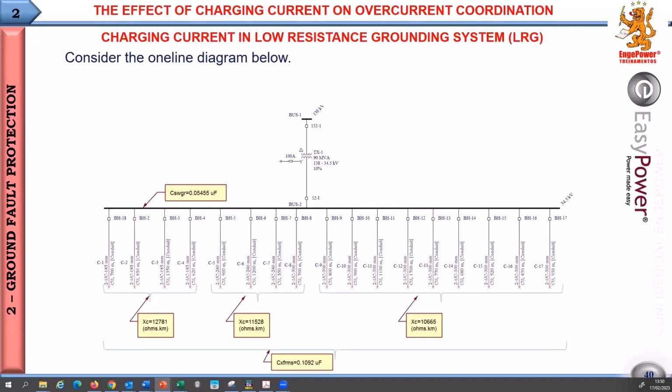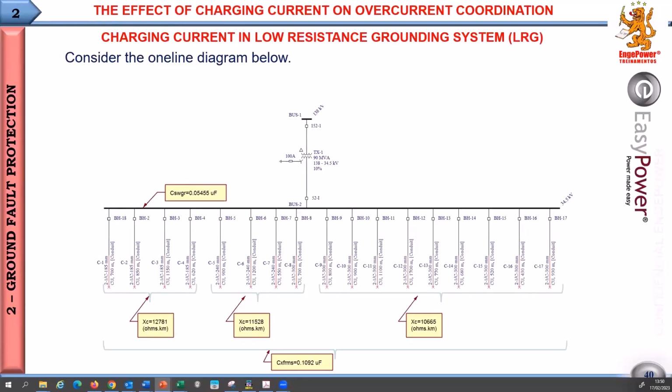This switchgear here, we see we have 17 outgoing feeders and very long cable runs with many conductors per phase. This is a huge plant in Brazil. Okay.